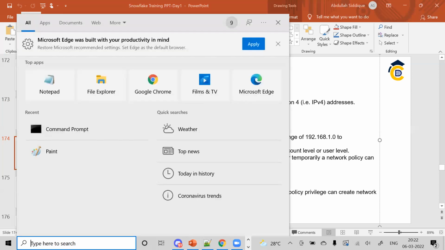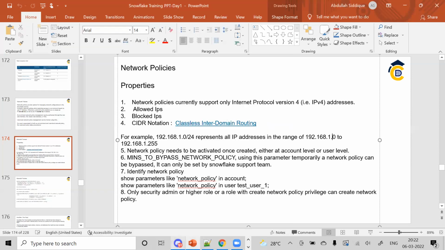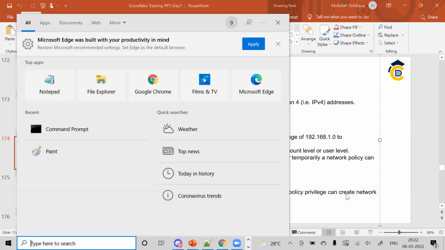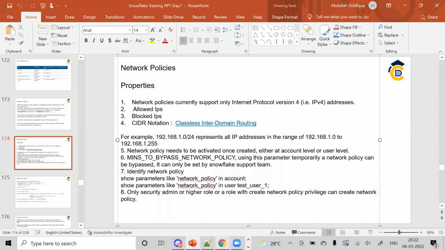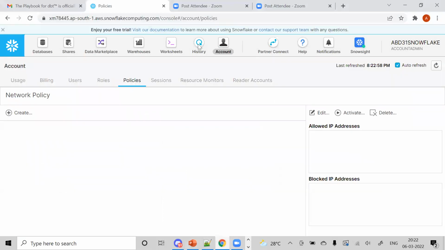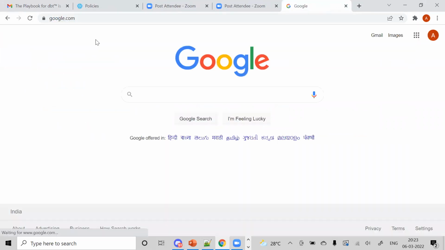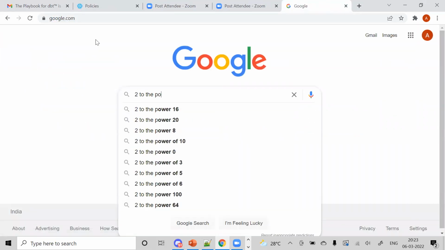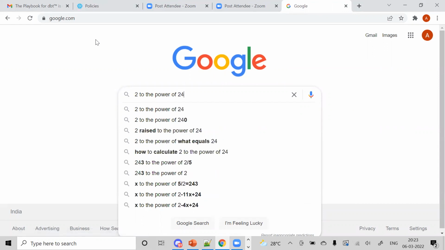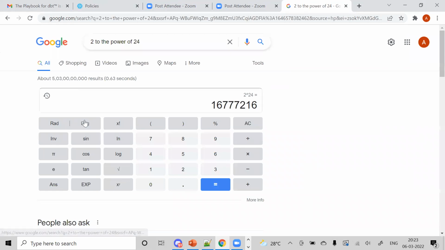Let me see, does anybody have a calculator? What does 2 to the power 25, or 24, come to? It comes to something like this.